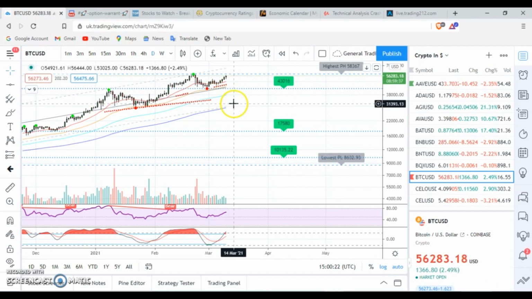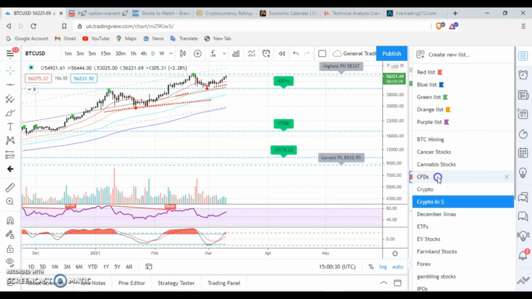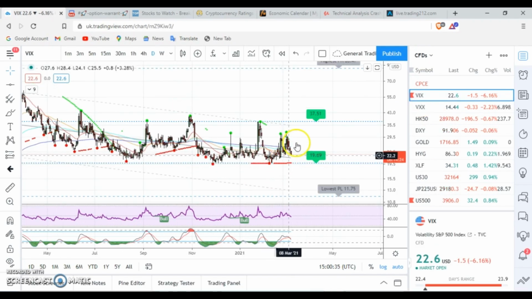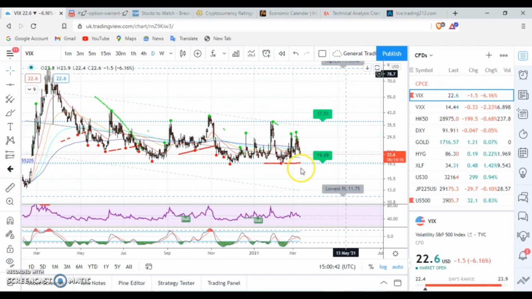If it drops below and more, I might add, because there's a chance that a bigger correction is coming imminently, especially when I look at the US markets, the VIX, your volatility index for the S&P 500. I can see the VIX maybe dropping to about here, which means when the VIX drops, your S&P 500 rises.